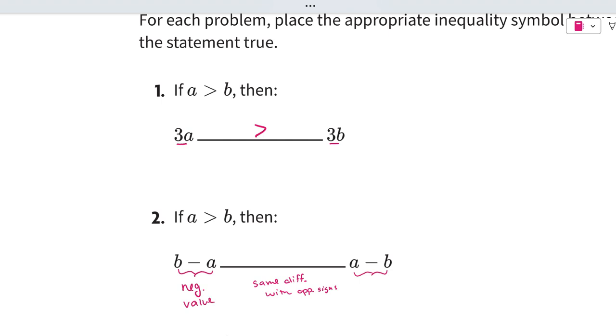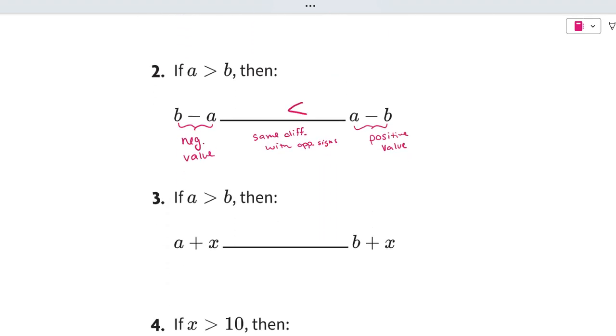Whether they're both negative or one's negative and positive, as long as B is smaller than A, those are going to produce a negative value. Here, we're going to get a positive value since we're taking a larger number and subtracting a smaller number. So the absolute value of the difference will be the same, but this A minus B will end up positive, and a positive is going to be greater than a negative.